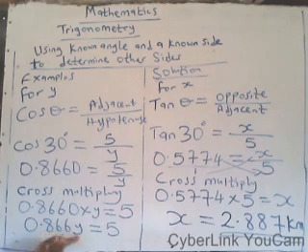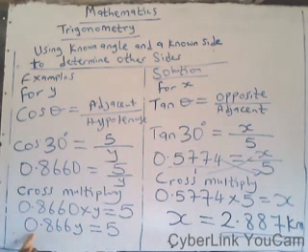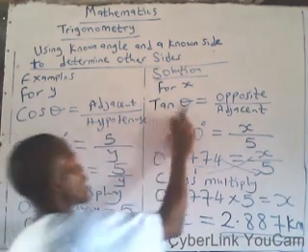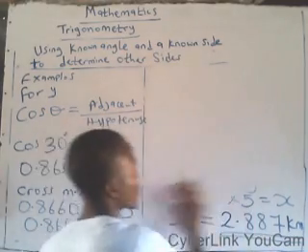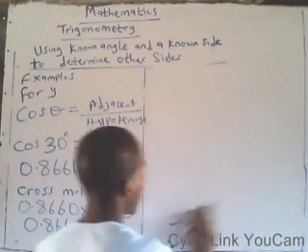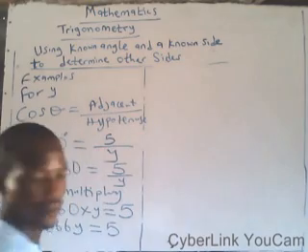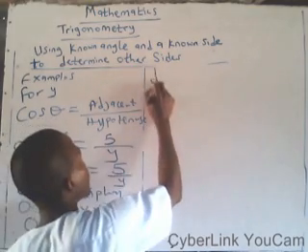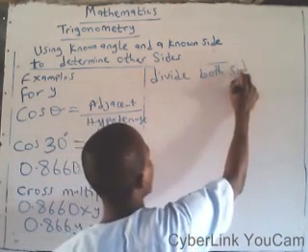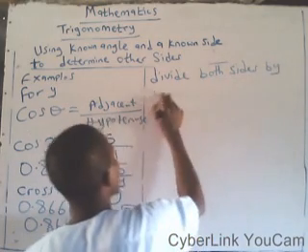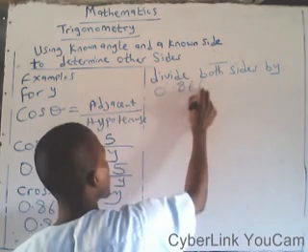The next step is that we are going to divide both sides by the coefficient of y. What is the coefficient of y? That is the number that is attached to y, which is 0.866. We divide both sides by 0.866.